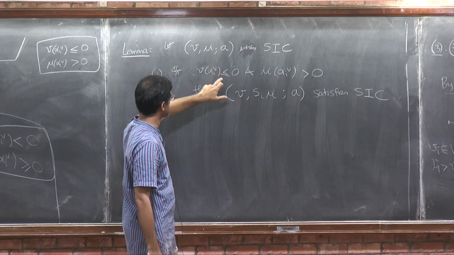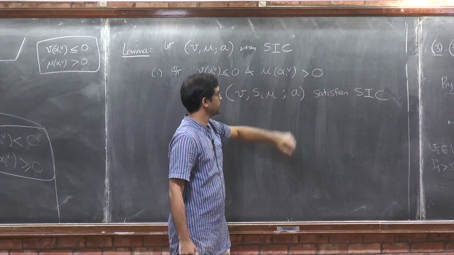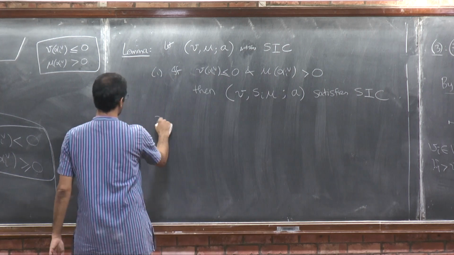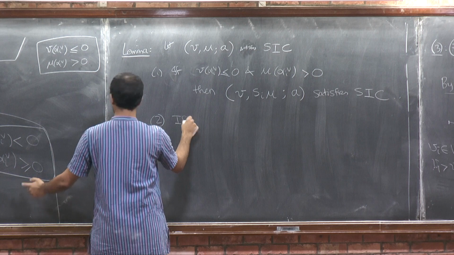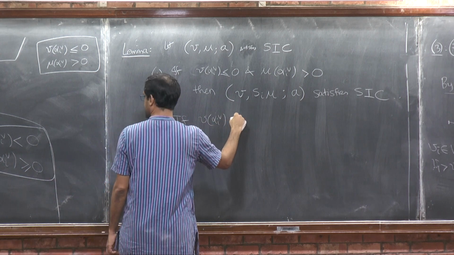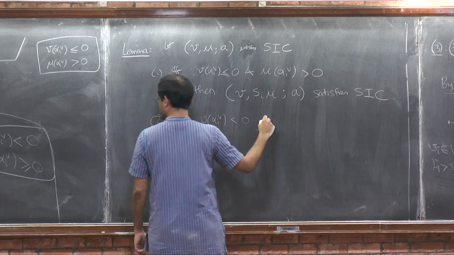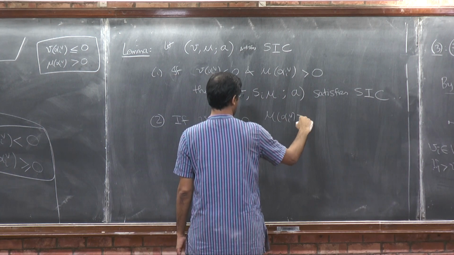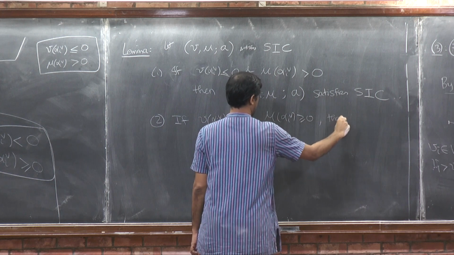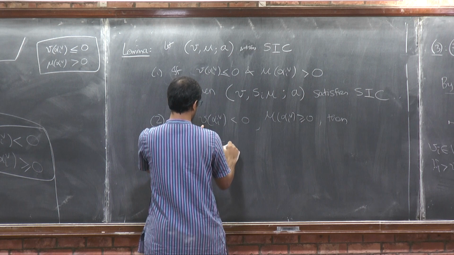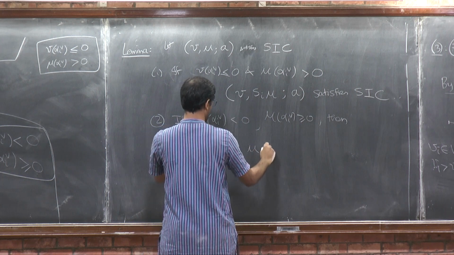How do you do it? This is the surely positive guy, you can make that an SI. Similarly, if the other set of conditions is true, if nu of alpha hx is negative, mu is greater than or equal to 0, then what you can certainly say is that you can apply SI to nu and it will continue to have the strong integrality condition.